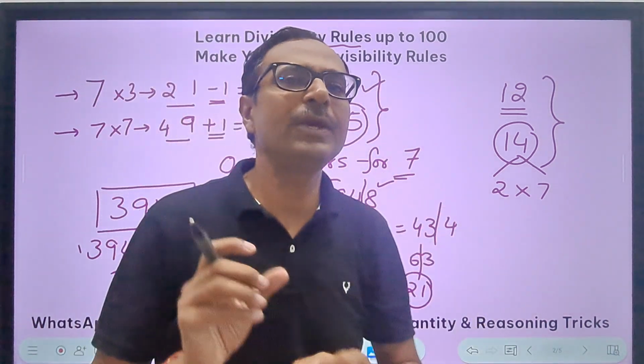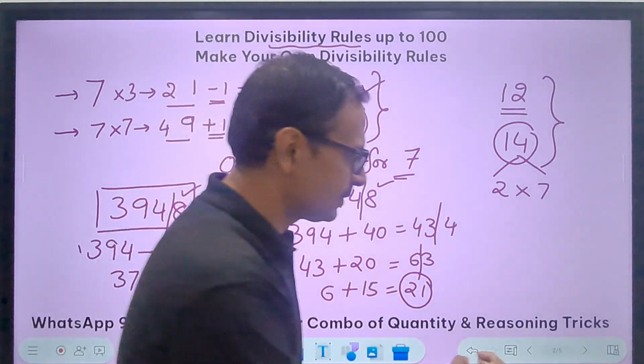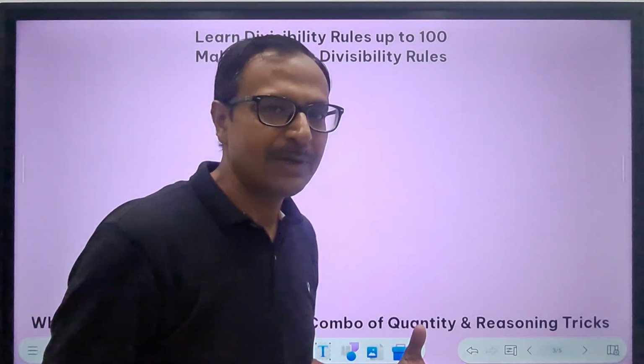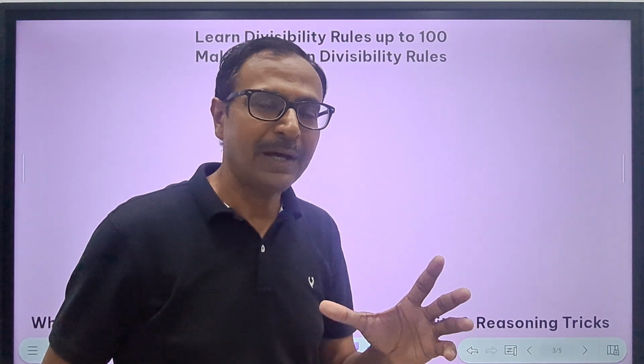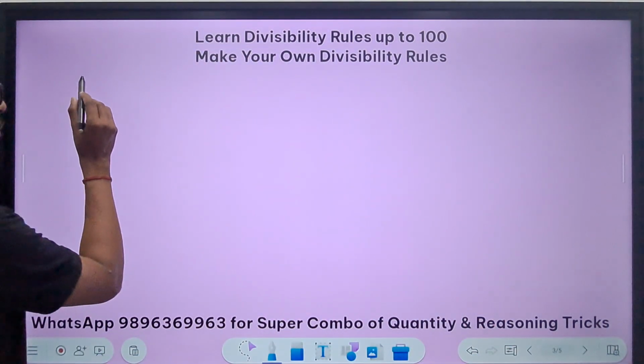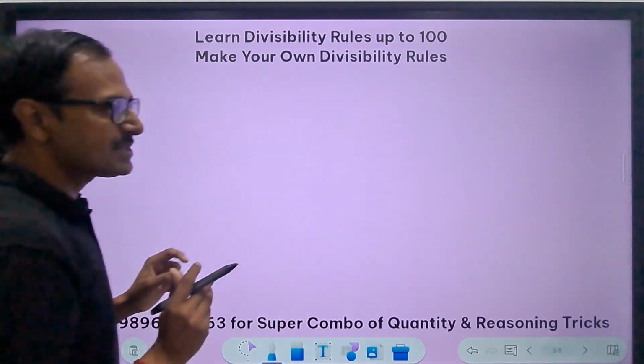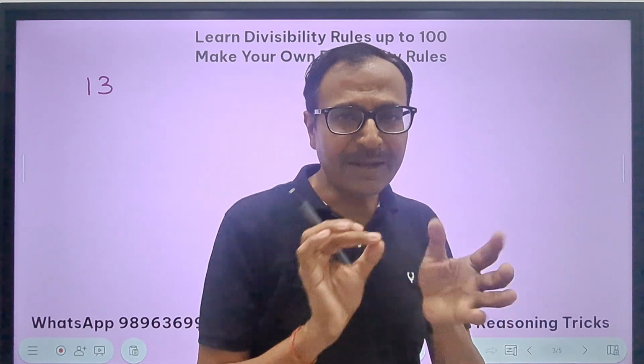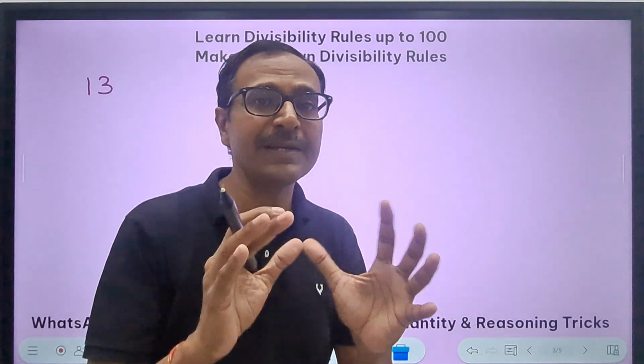Now let's calculate the oscillators for different prime numbers. For a number like 13, whose divisibility rule we don't know, let's have one oscillator which is much easier than the other.